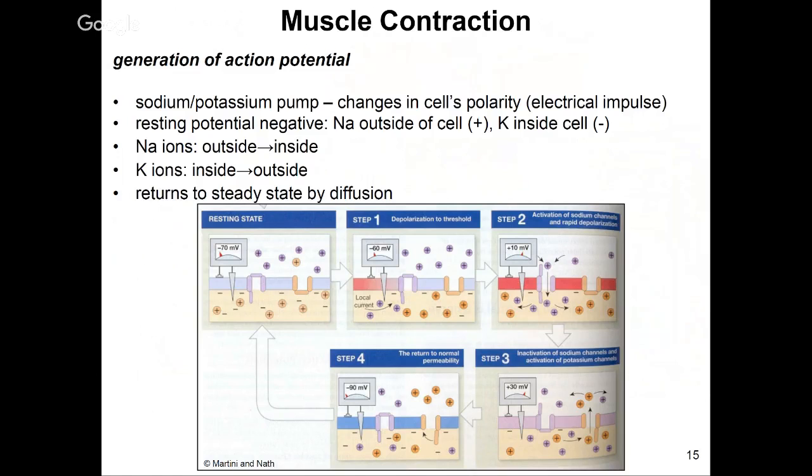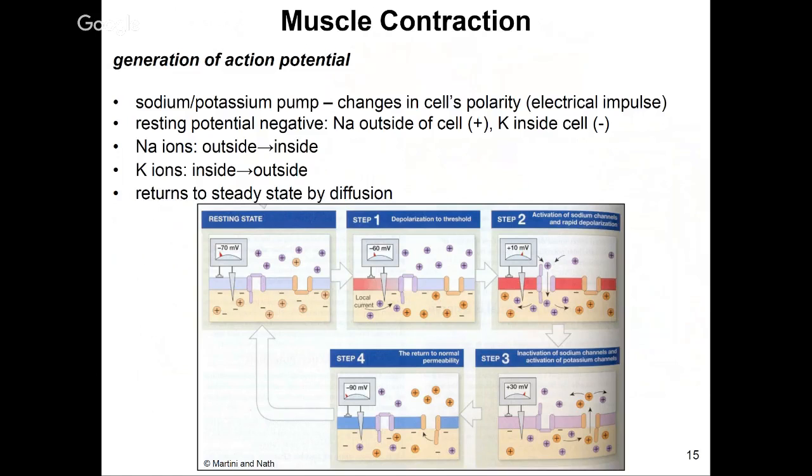And I misspoke earlier about those potassium ions being negative. They're positive. I apologize for that. Anyway, so the potassium ions flood out, and now we did a 180 all the way up to positive 30 millivolts, and now we're going to go right back to where we were, but we overshoot a little bit here.